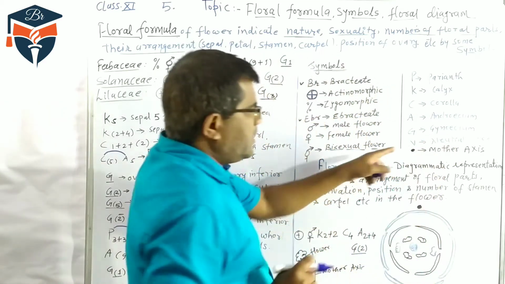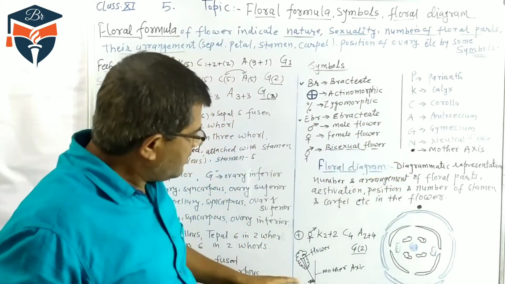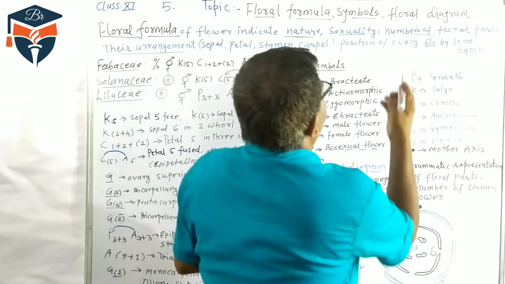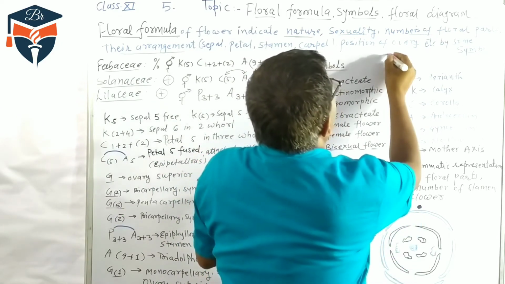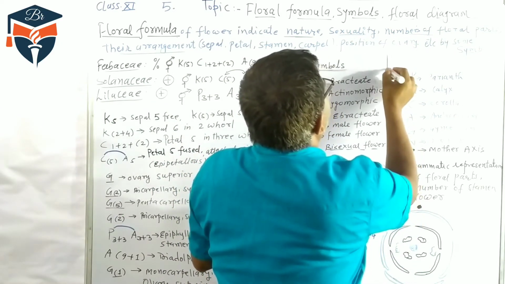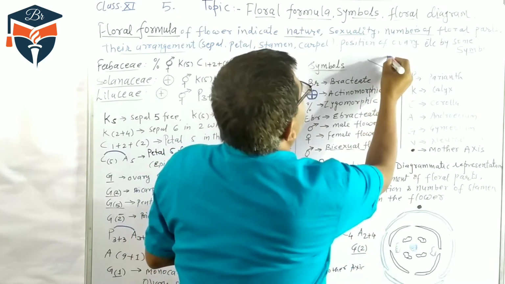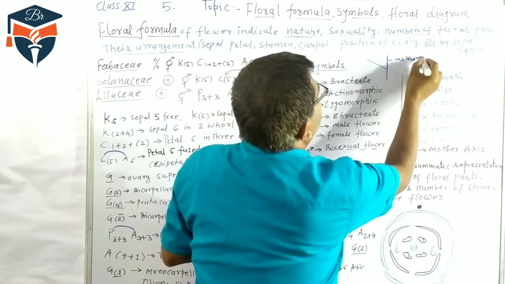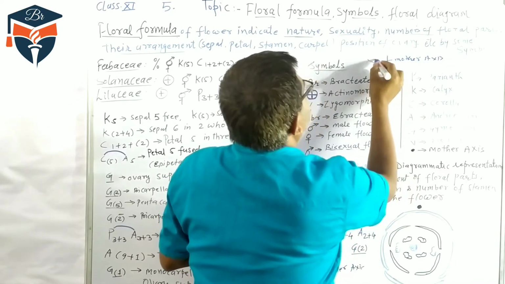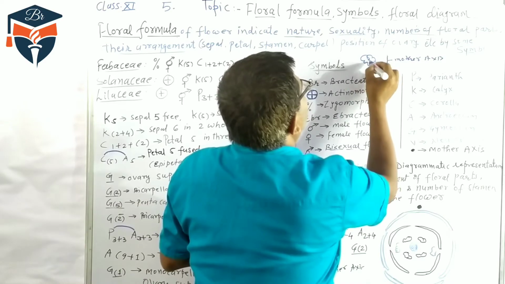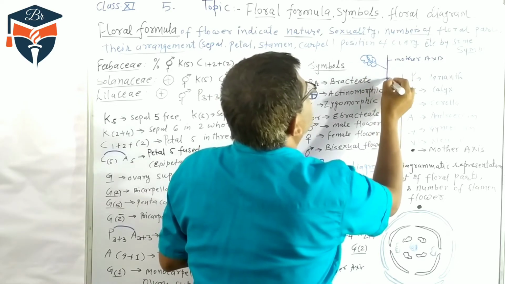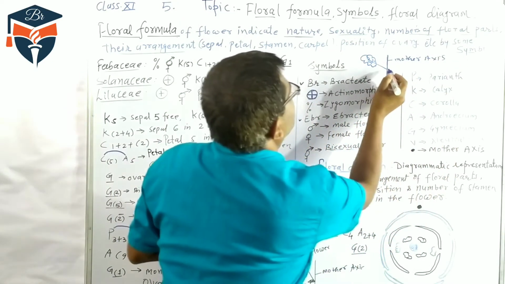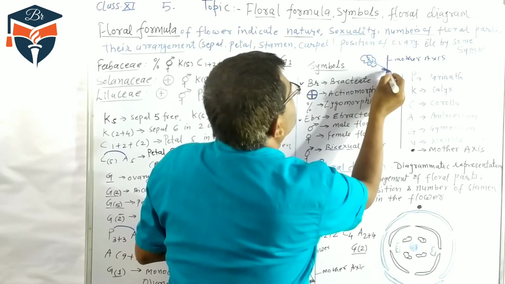Now what is the mother axis? It is the main axis from which the flower arises. It is called the mother axis. The mother axis occurs just opposite to the bract.